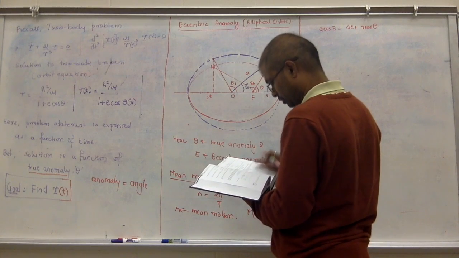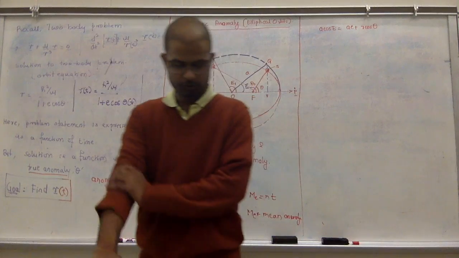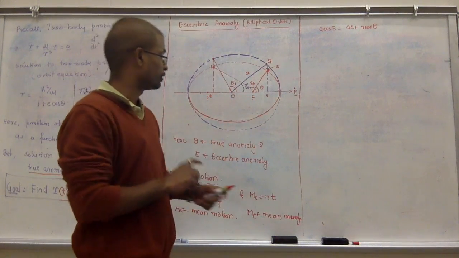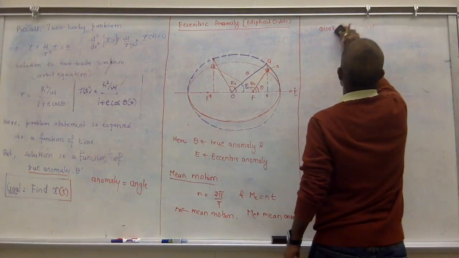Alright, let me do this. I'm not going to go through the derivation, and I'm not going to ask you to derive it either. I'll give you the expression. If you're interested, I can go through the derivation.